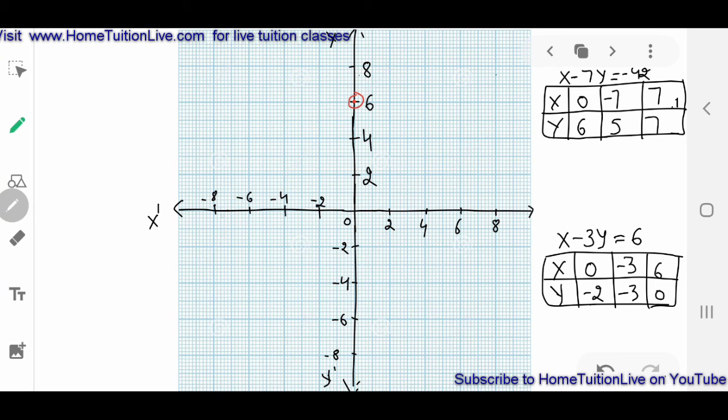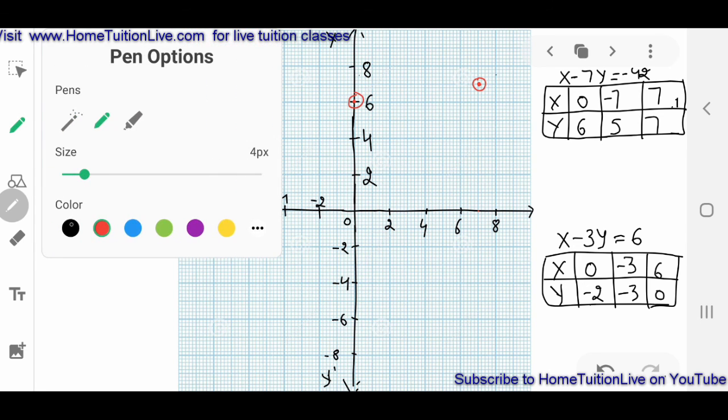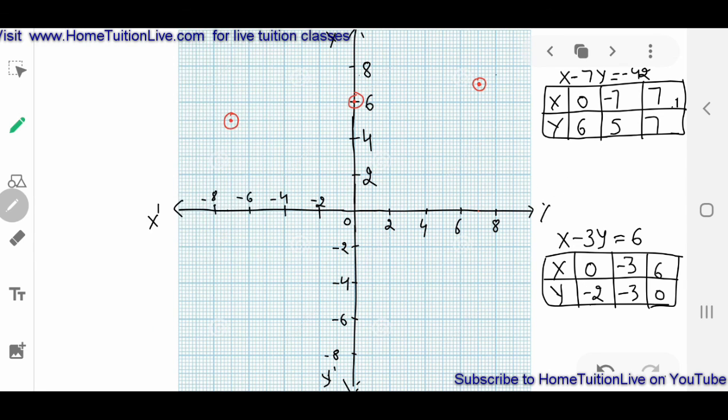X is minus 7 and y is 5, positive. So here it is. Now next, x is 7, y is 7. X is 7 at this axis, in this direction, and y is 7, this is the point. Now join the points.